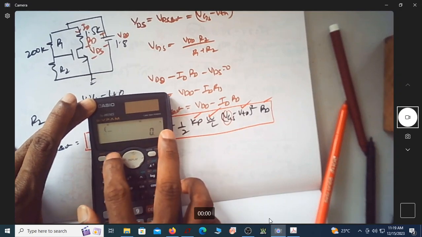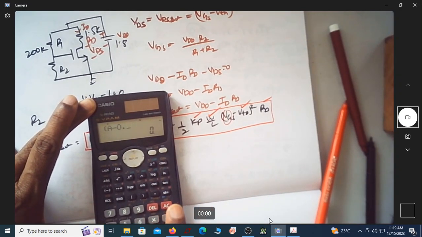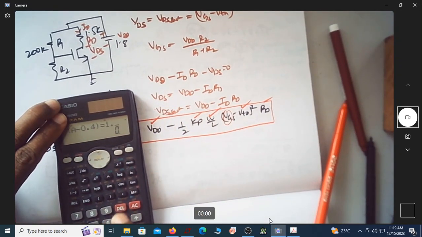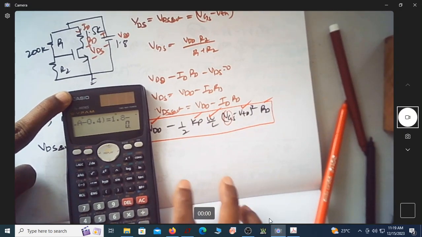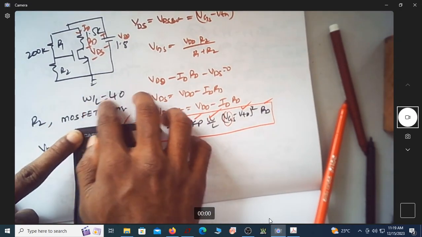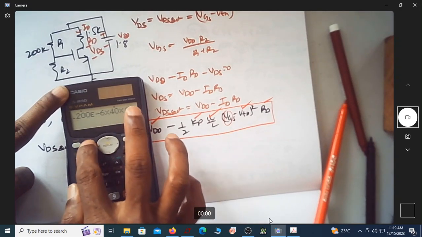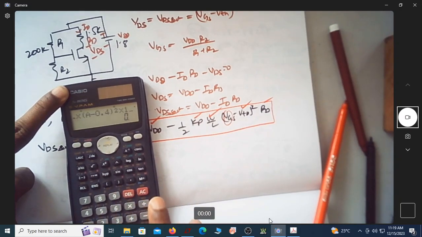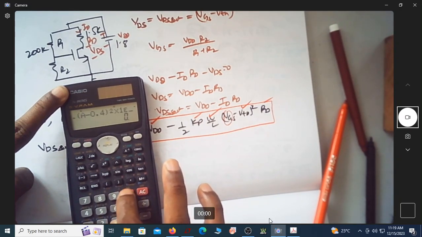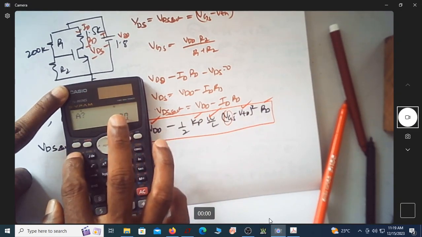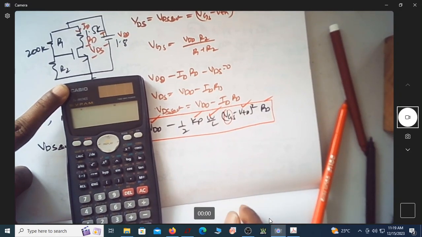So open the parenthesis, alpha A minus 0.4, close the parenthesis, alpha equals, now you have 1.8 minus 0.5 into 200 exponential minus 6 into 40, because that's what your W by L is, into alpha A minus 0.4 whole square into 1.5 exponential 3. Now do shift calculate, I'll get the value of VGS.